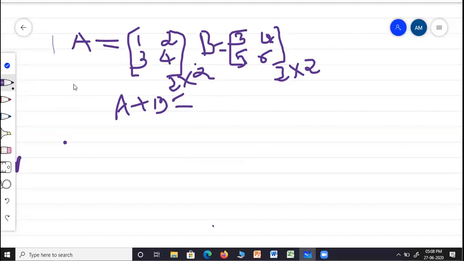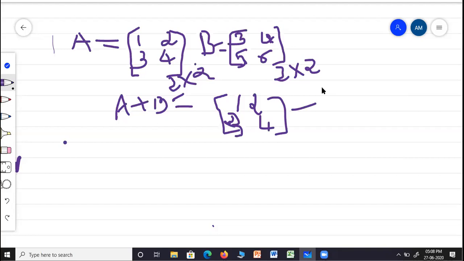For example, suppose I want to add A and B. First of all, write down matrix A, 1, 2, 3, and 4, plus matrix B is equal to 3, 4, 5, 6.